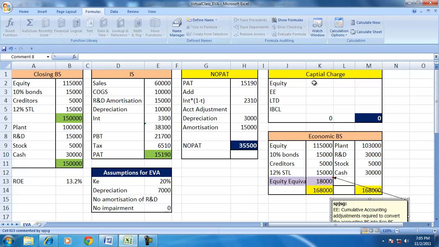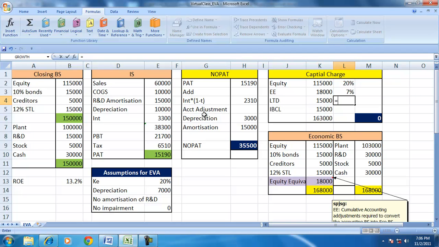Now with this economic balance sheet we calculate the capital charge. The capital charge will be on equity, on equity equivalent, on the long-term debts, and on the interest-bearing current liabilities, and for this we have been given the capital employed and the cost of equity here. The cost of debt depends on the coupon rate of the bonds, so I into 1 minus T, therefore 7%.